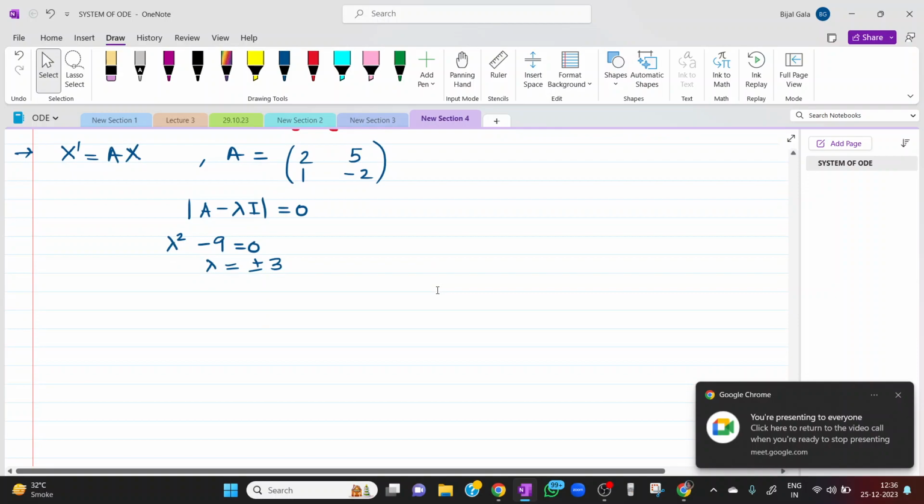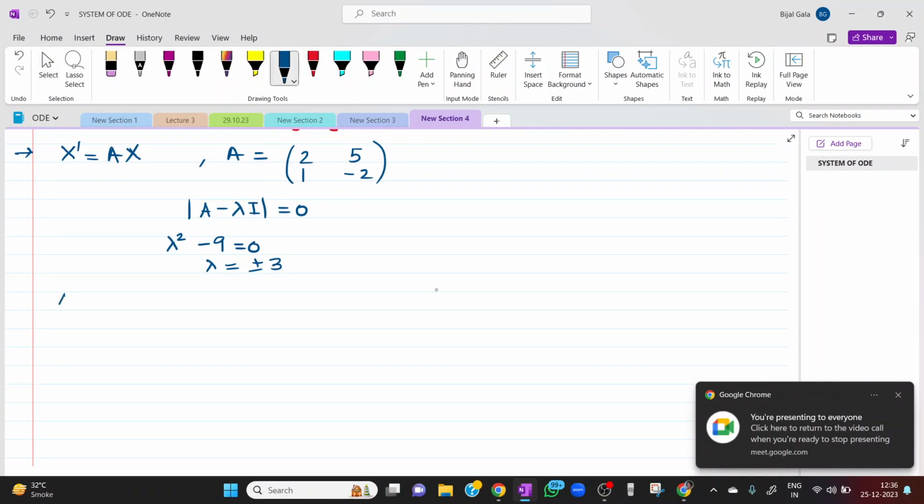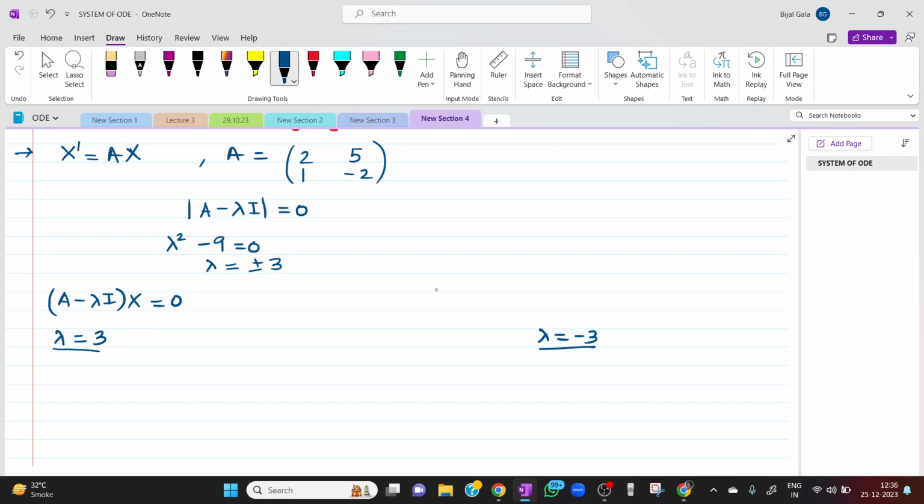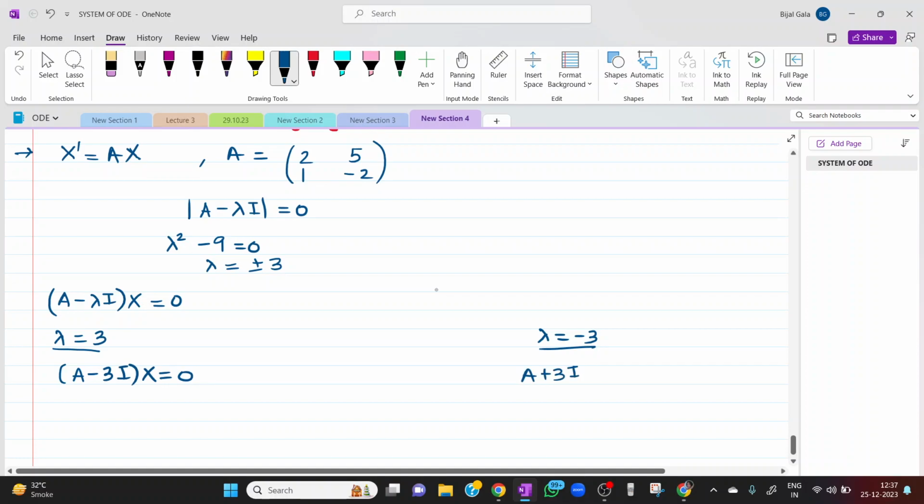Let's calculate the eigenvectors. A minus lambda I times x is going to be equal to 0. So lambda equal to plus 3 and lambda equal to minus 3. So when I put plus 3, it's going to be A minus 3I, and here I will have A plus 3I.